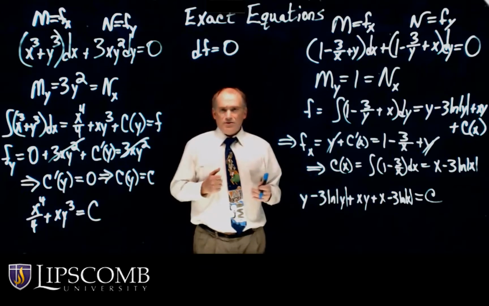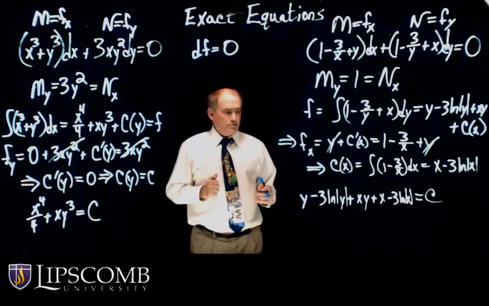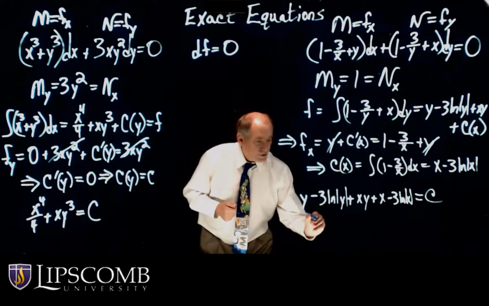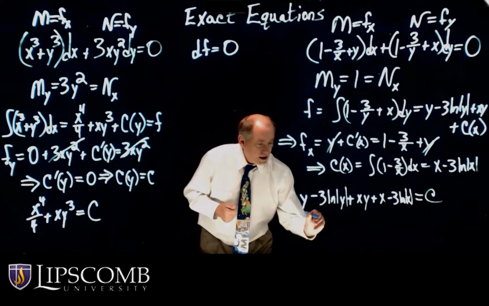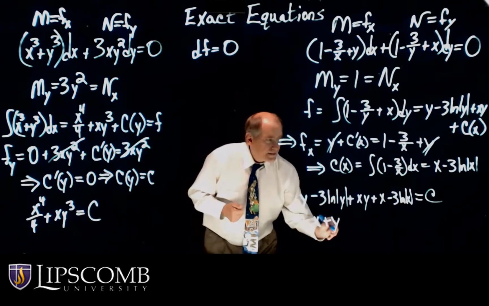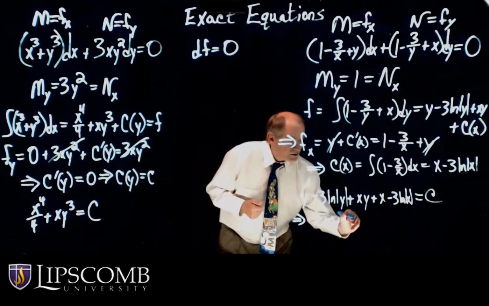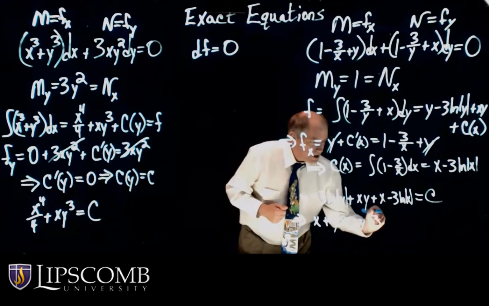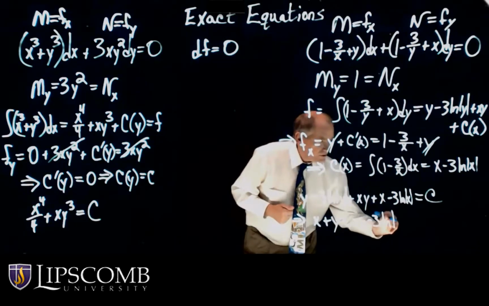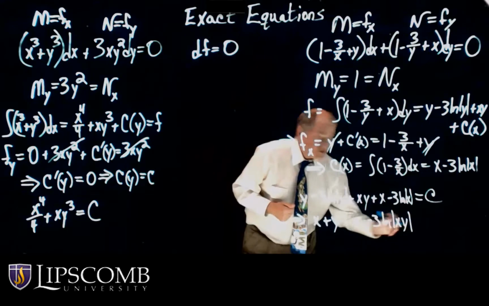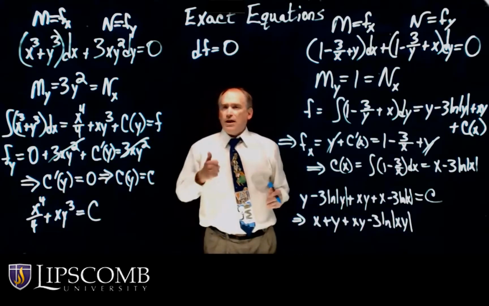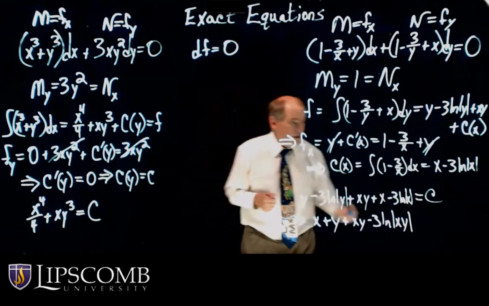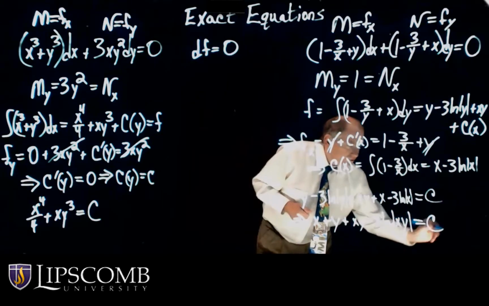Now this is my answer, and I would allow this answer, but the book oftentimes simplifies it, so let's put it together. So this would be x plus y plus x times y minus 3 times the natural log of the absolute value of x times y. That's using the properties of natural log. Natural log of a plus the natural log of b is the natural log of a times b. And then equal to c.